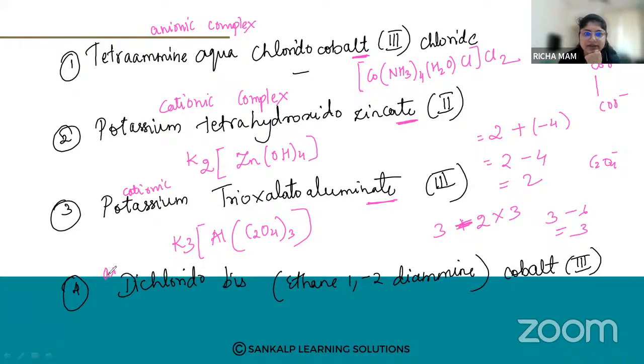Last, dichloridobis(ethane-1,2-diamine)cobalt. So this is a cationic complex. Write down now, what will come? Cobalt will come. Then you have dichlorido. Then you have ethylene diamine, so it will be en twice. So let us see the charge. Cobalt is 3, dichlorido is minus 2, and ethylene diamine is 0.